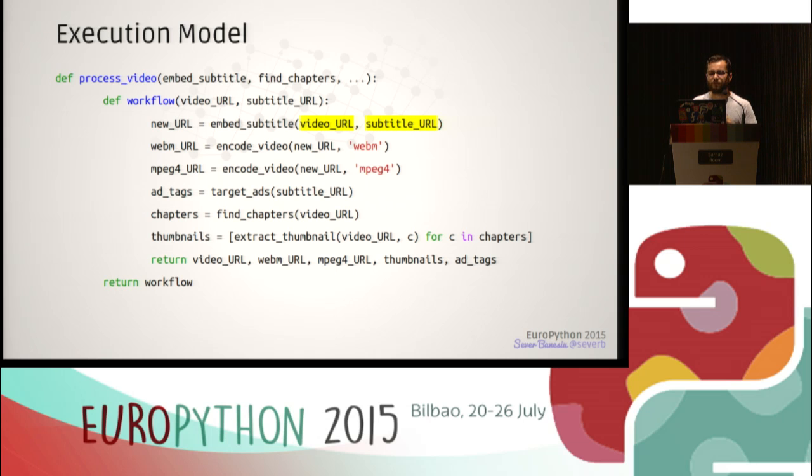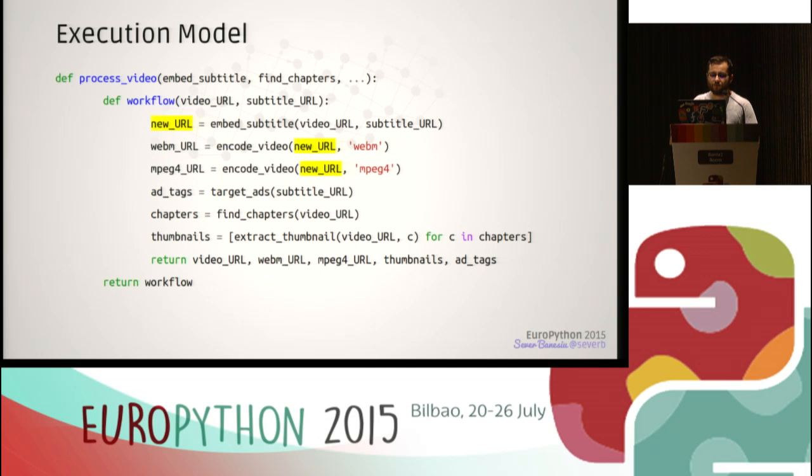So it will track the results of the previous proxy calls through the entire workflow, like we can see here. So in this case, when the code is run for the first time in a workflow, the embedded subtitle task will be scheduled, and its result will be a placeholder because we don't have a value for it.